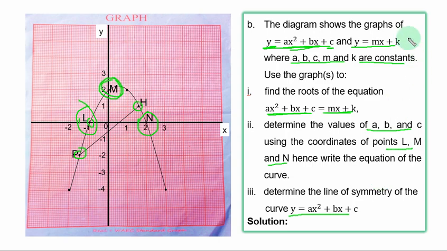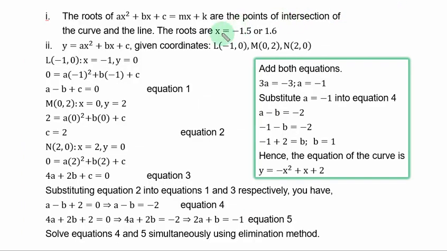Solution continues. I've already explained the answer you ought to have. So I have already answered Roman figure 1 of the question. The solution occurs at the points of intersection of the curve and the line, and you have s equal to minus 1.5 or 1.6.